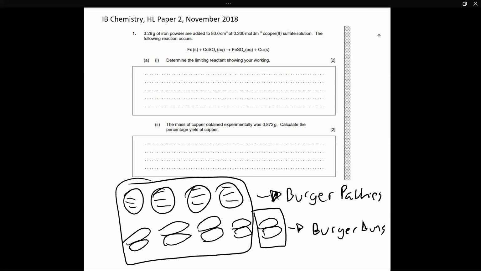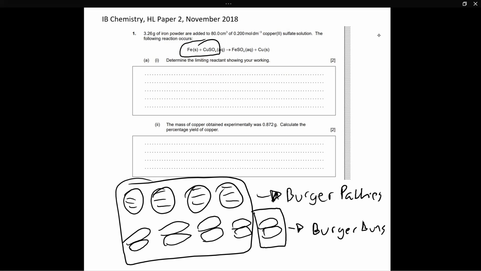Now, there's a very similar case in this question when they ask you to determine the limiting reactant. Which of these two is the limiting reactant, meaning which determines how far the reaction proceeds, or how much of the final product is made? The substance which determines how much product will be made is the substance which is in the lesser quantity.